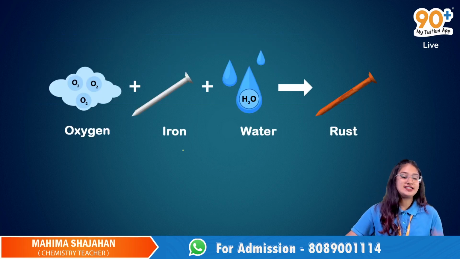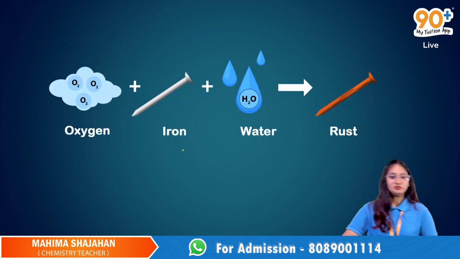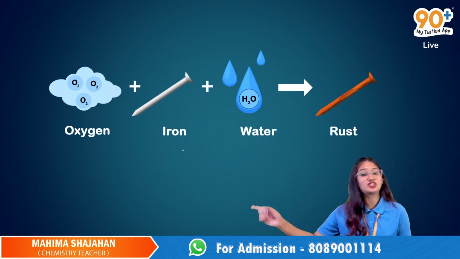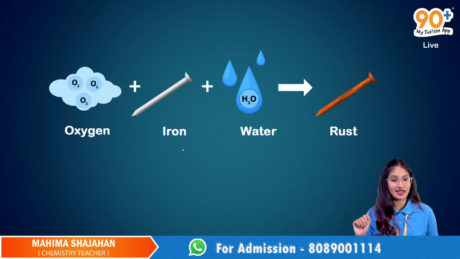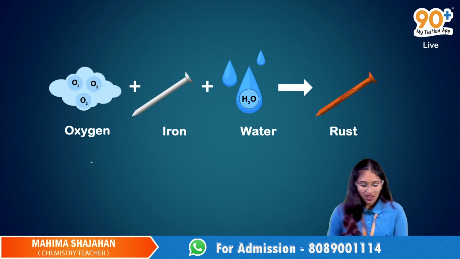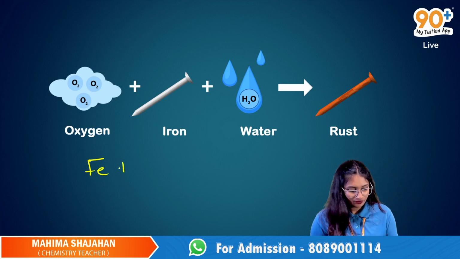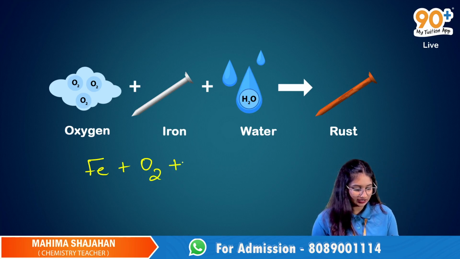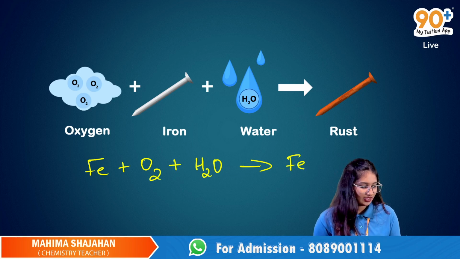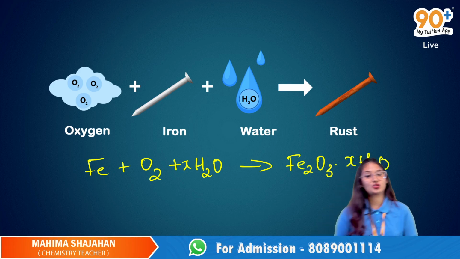First, let's see the corrosion of iron. Iron corrode ചെയ്യണമെങ്കിൽ there should be the presence of oxygen and water as well. Moist air ഉണ്ടെങ്കിലാണ് iron corrode ചെയ്യുക. So iron will react with moisture in the air and form Fe2O3.xH2O.